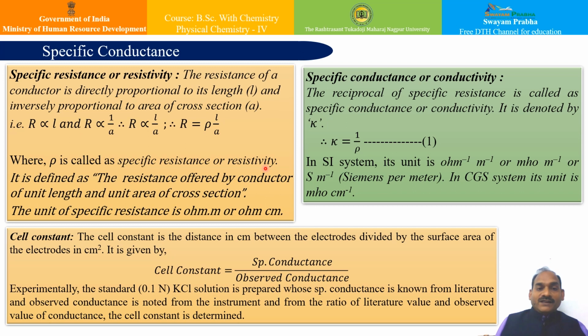Basically, the resistance of a conductor is directly proportional to its length and inversely proportional to the area of cross section of the wire.